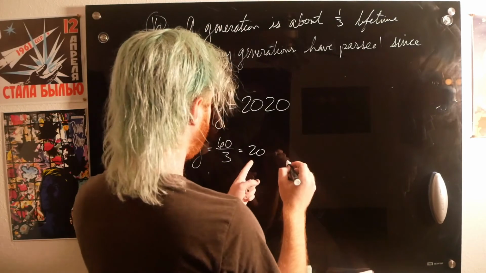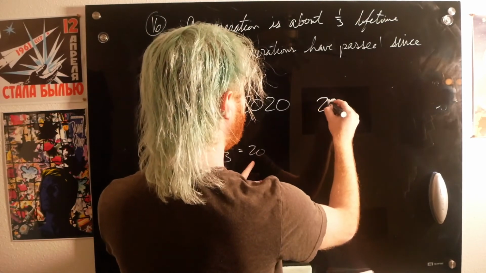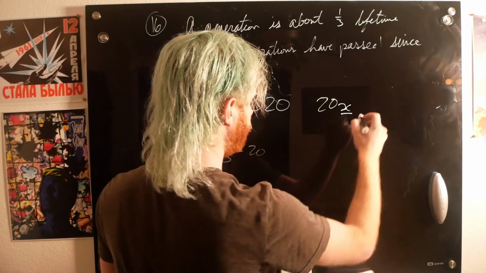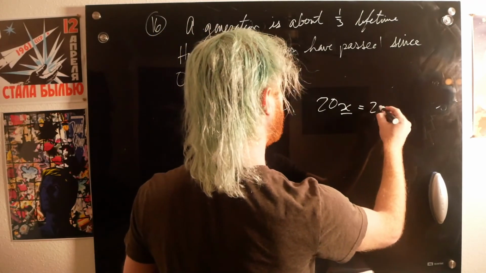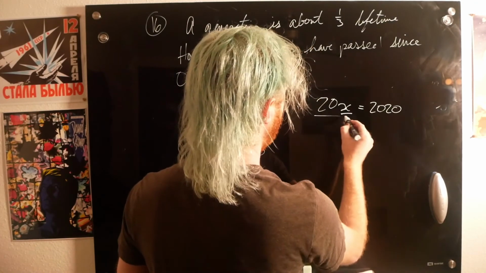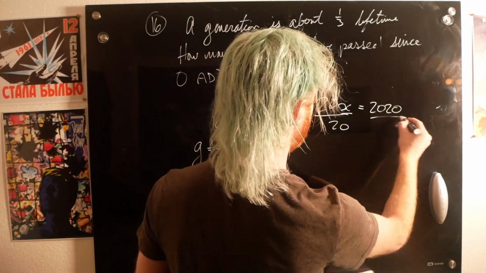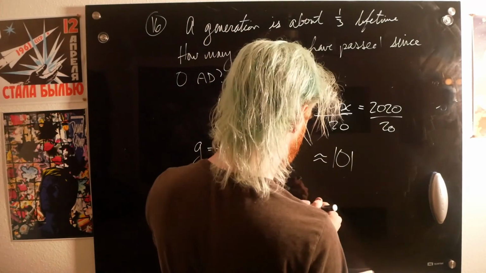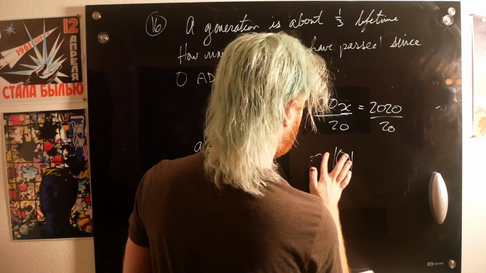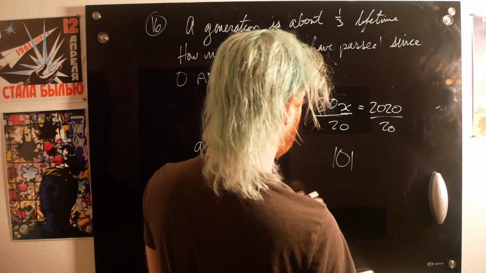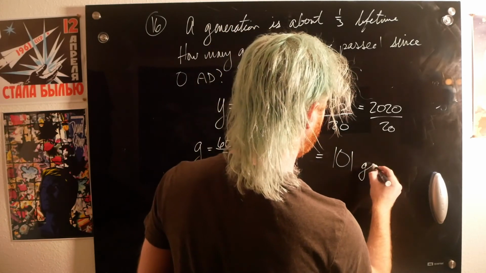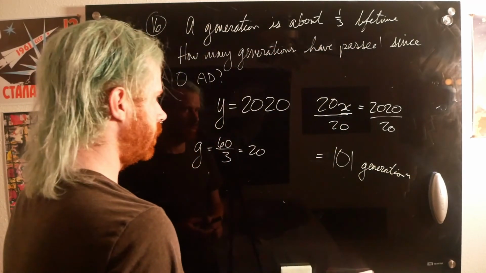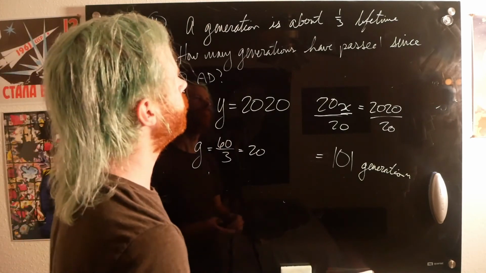So we're going to have 20 times x, how many generations until we get to the year 2020? Divide both sides by 20, and we get exactly 101. 101 generations have passed. So that's how you do that one.